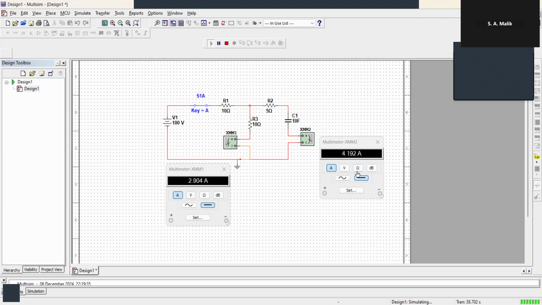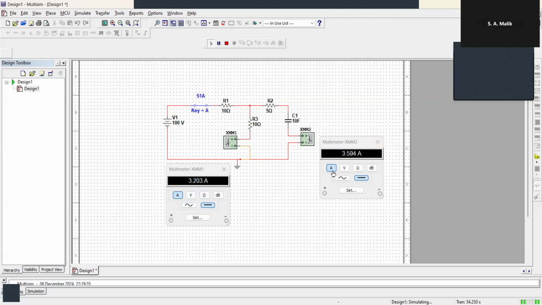If we wait for 500 seconds, we'll see the capacitor current drop fully to 0, and this R3 current will rise to 5. As you can see, resistor current is increasing and capacitor current is decreasing.